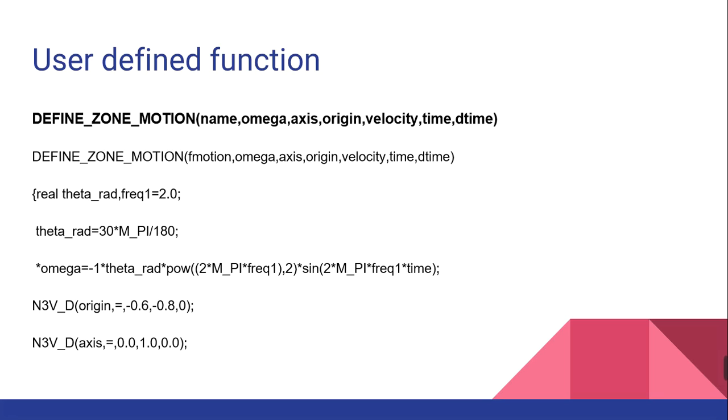In order to control the motions, there are two ways to use user-defined functions. One is compiled, and another is interpreted. Because I only want to realize the motion of the second wing, I choose the interpreted way to define the motion.